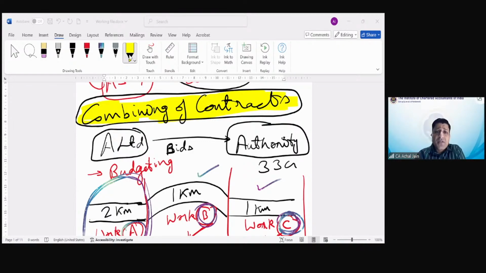Okay, so Tabeshwari is asking, work A is given.